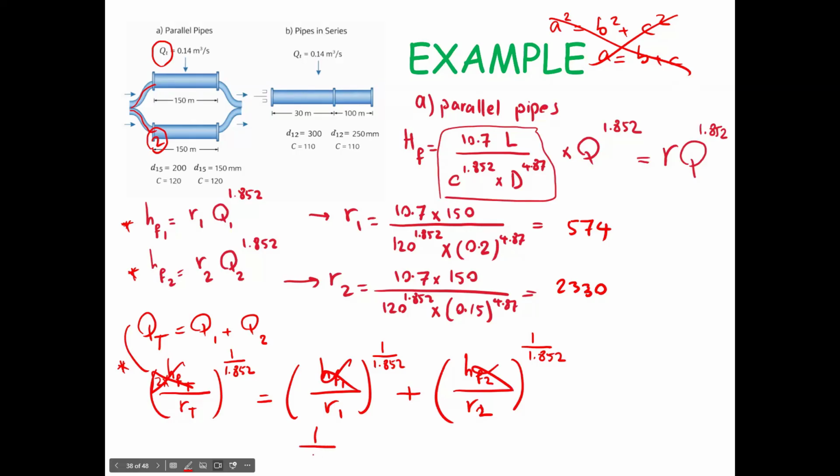I can just write this guy equal to 1 divided by R1 plus the last one. And you should replace R1 and R2 and you are done.